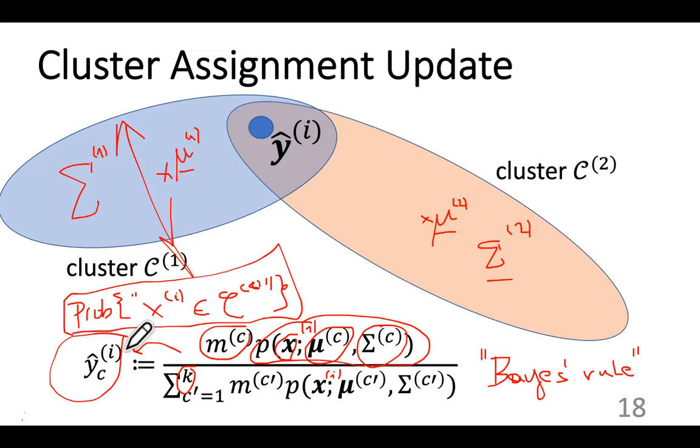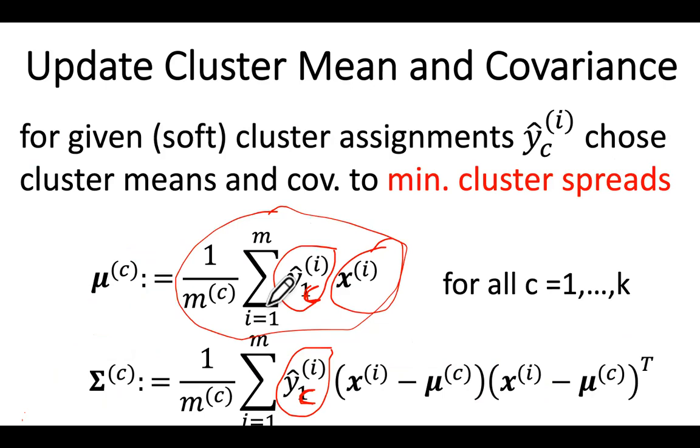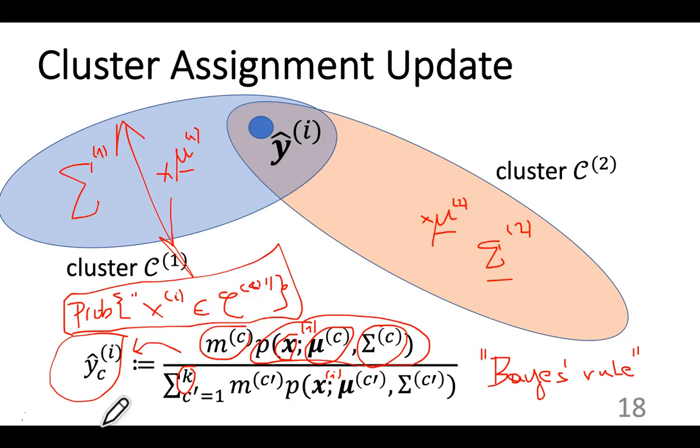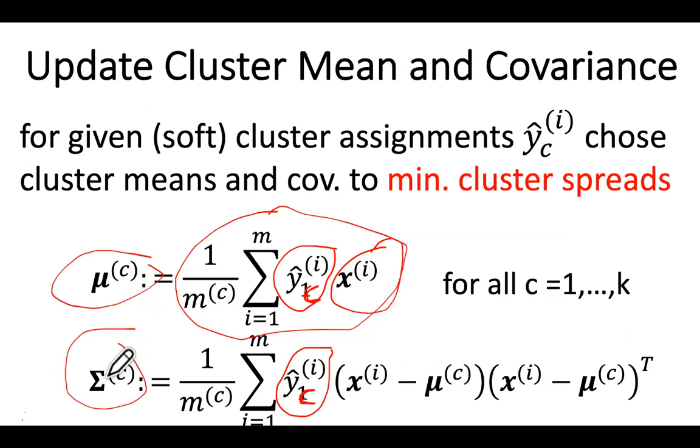As soon as we have a guess for the degrees of belonging, we can insert this into the updates for the cluster means and cluster covariance matrix. As soon as we get a new estimate for the cluster means and cluster covariance matrix, we go back to the update for the degrees of belonging. Once we have a new guess for the degrees of belonging, I guess you get the hang of it.